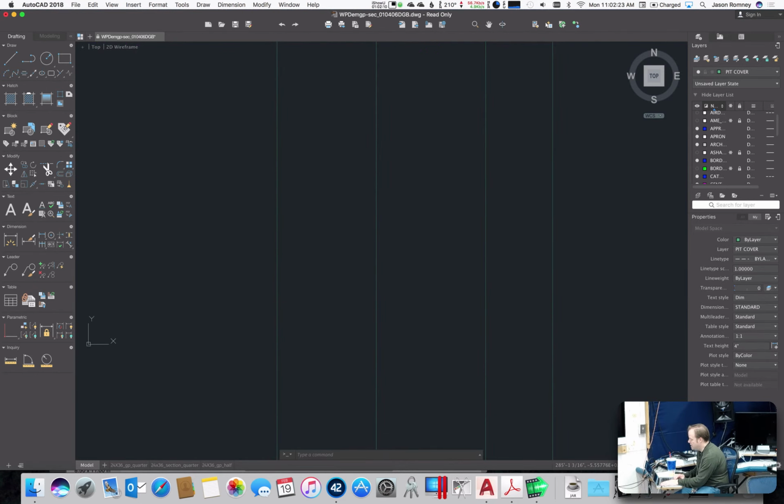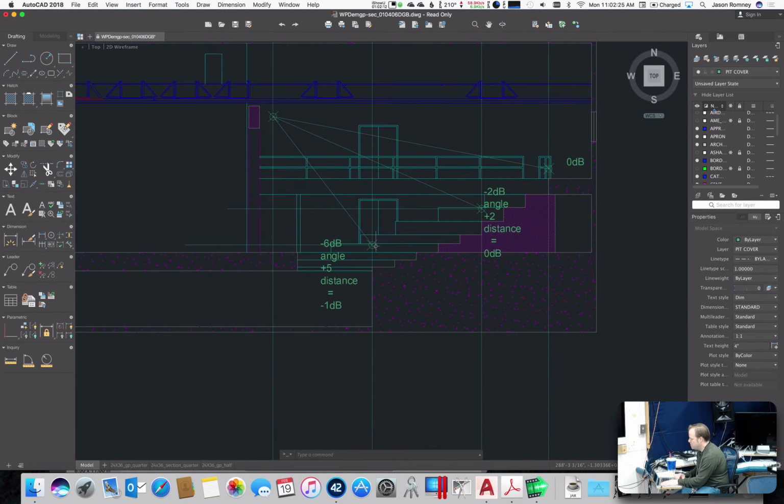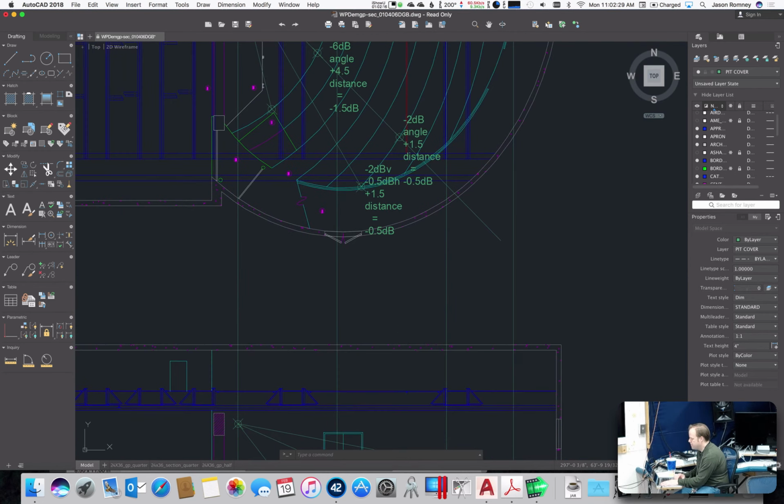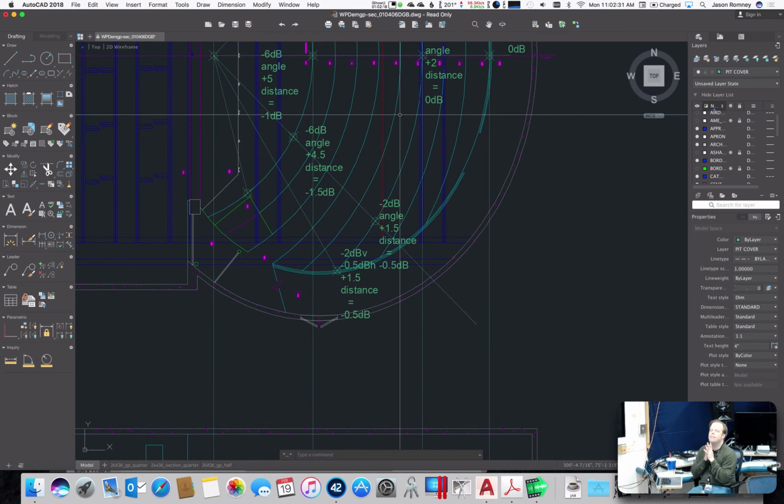Should be a little bit less, right? The dB difference between those two distances. 0.08. Yes?